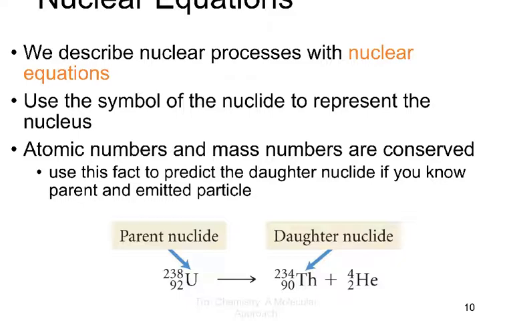Just a reminder, the atomic number goes on the bottom, and then the mass number goes on the top. They need to add up to the same number on both sides. So just like you've been balancing chemical reactions with regards to element and charge, we're going to balance nuclear reactions. We're just going to balance the atomic number and the mass number.